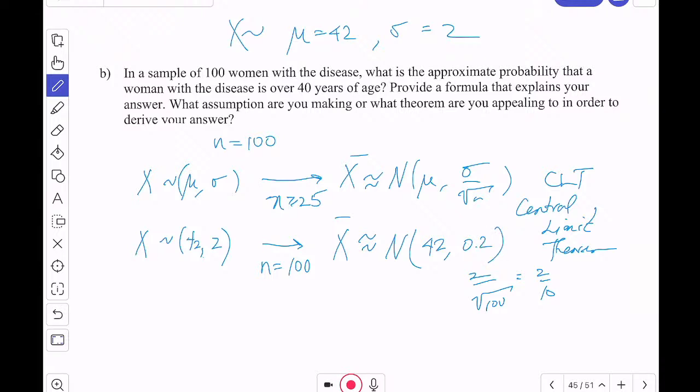So now in approximation, I can solve the chance that somebody in the sample is over 40 years. Now I have to use this new result to standardize.